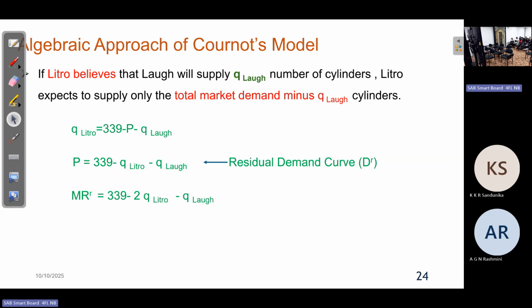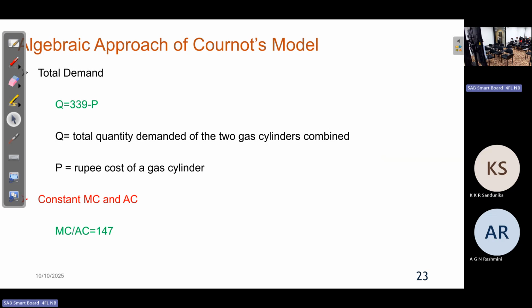Here the marginal cost is given as 147. So you simplify this in terms of Q1.